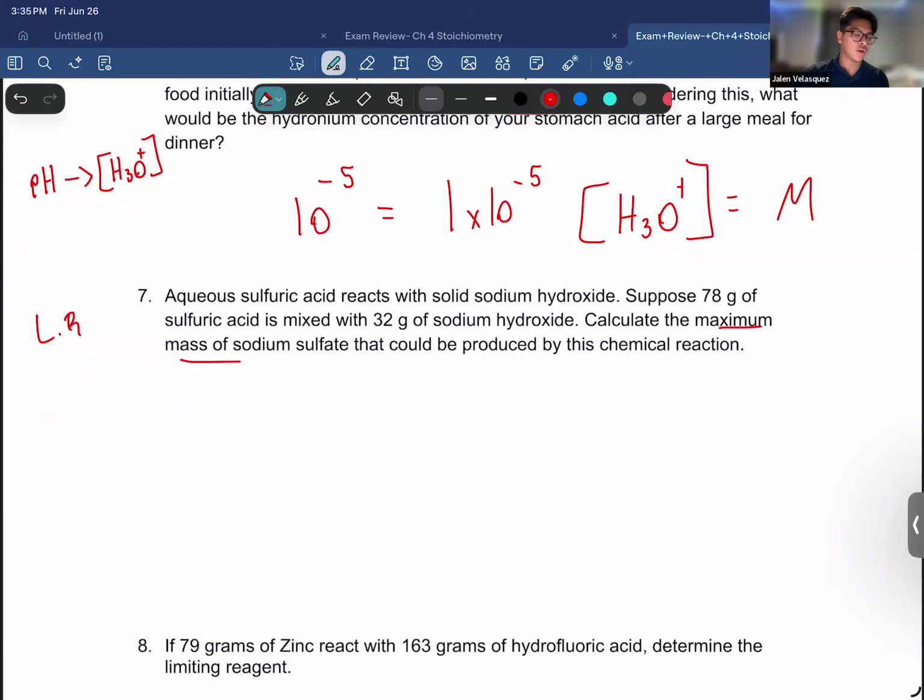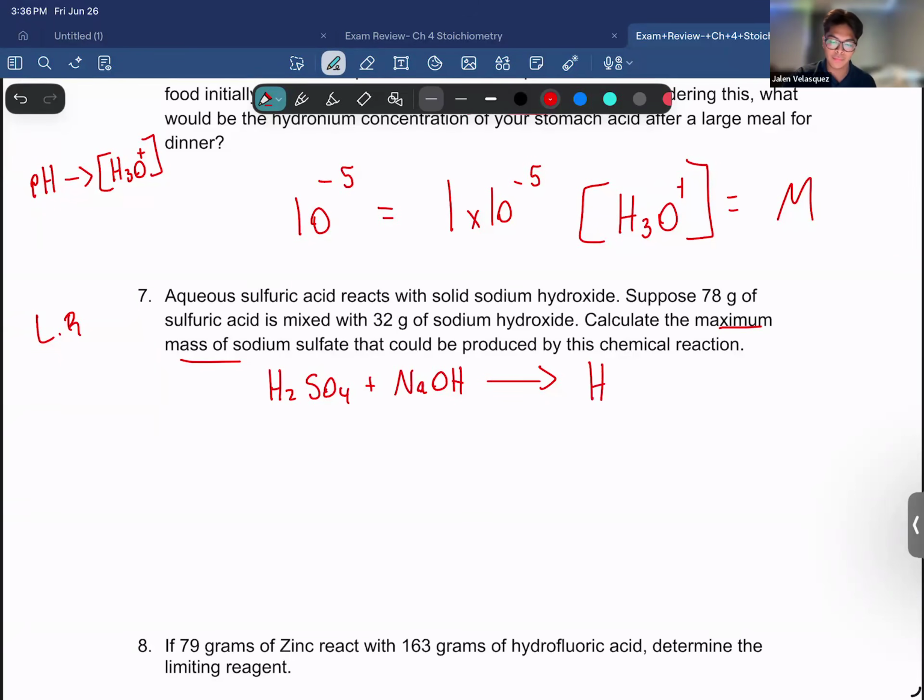Okay, so we have sulfuric acid, which is H2SO4. This is one of the strong acids that you are responsible for knowing and memorizing. Reacting with sodium hydroxide, which again is a strong base that you need to know. And it produces, remember, acid-base reactions make water and salt, right?